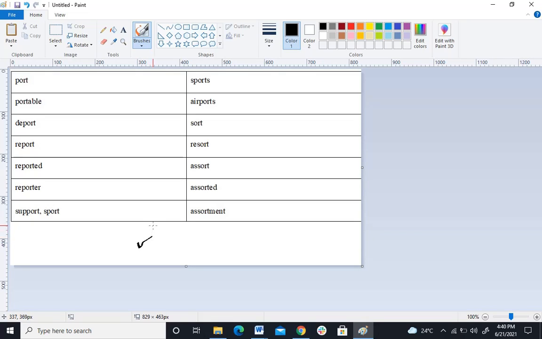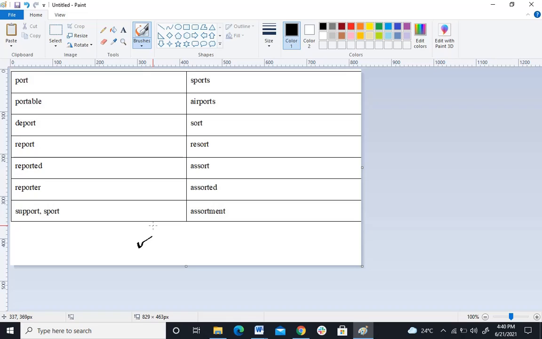English nga kasi itong si Greg, right? So, for example, the port, they do not pronounce it as port, it's pot. Support, it's supot. Wala silang R. Reporter, it's repoter. Wala silang R.